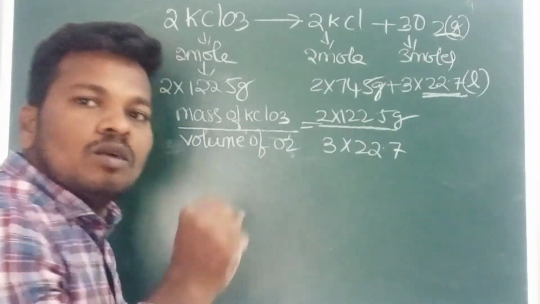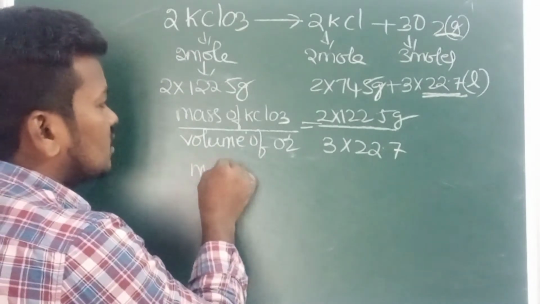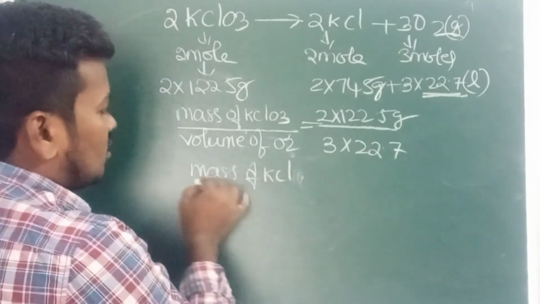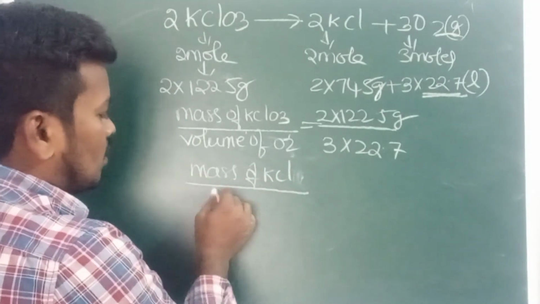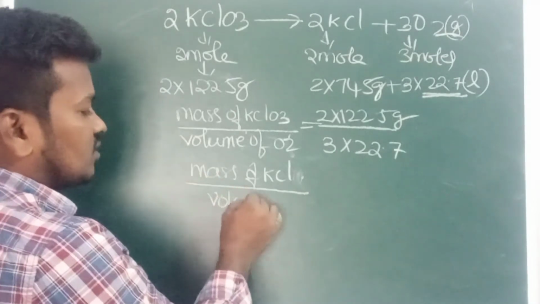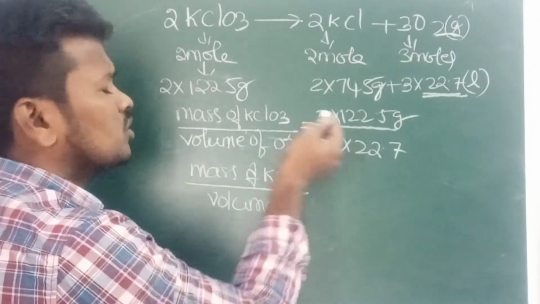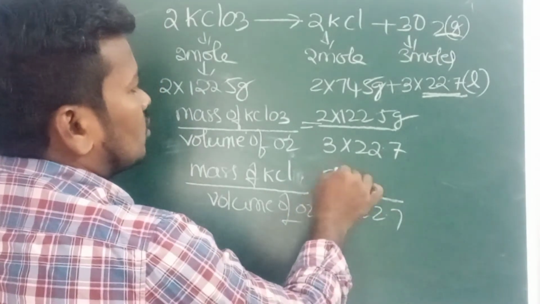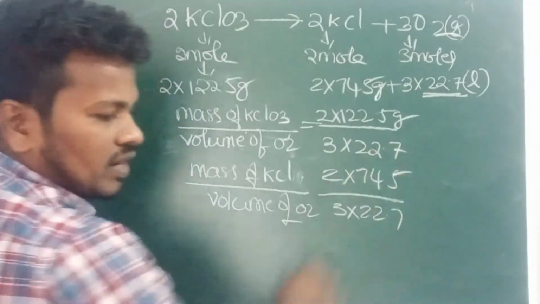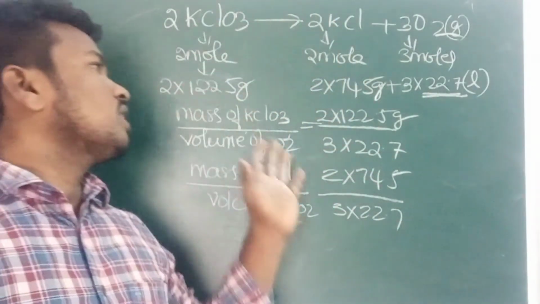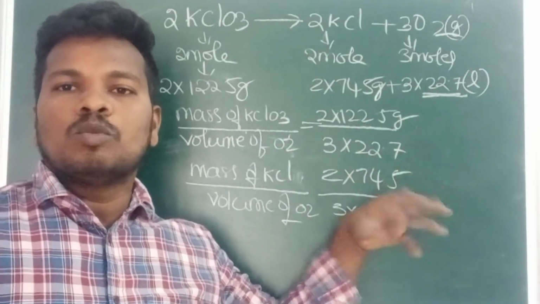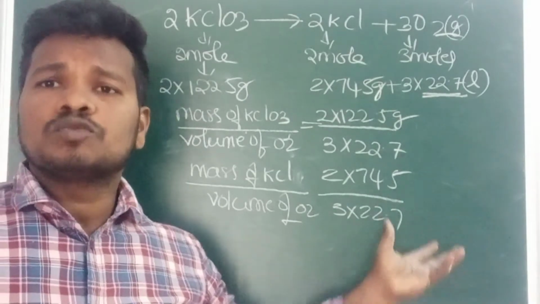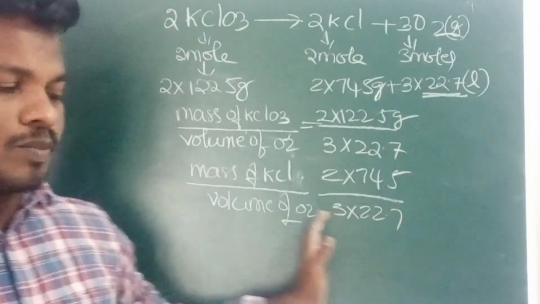Because here we are calculating the volume. Mass of KClO3 and KCl upon the volume, only gases we should take the volume for. So 3 into 22.7, 2 into 74.5 grams. We will get more information on this in the gaseous state chapter, where we will study the ideal gas equation. It will be useful there.